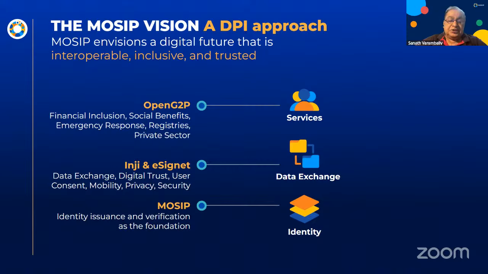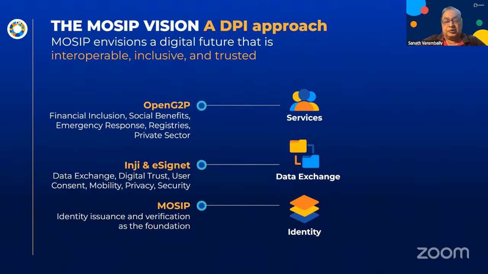Then INGI and eSignet are the key solutions which will be discussed today after my presentation, which allow credential management to various solutions, which is a digital exchange, digital trust.